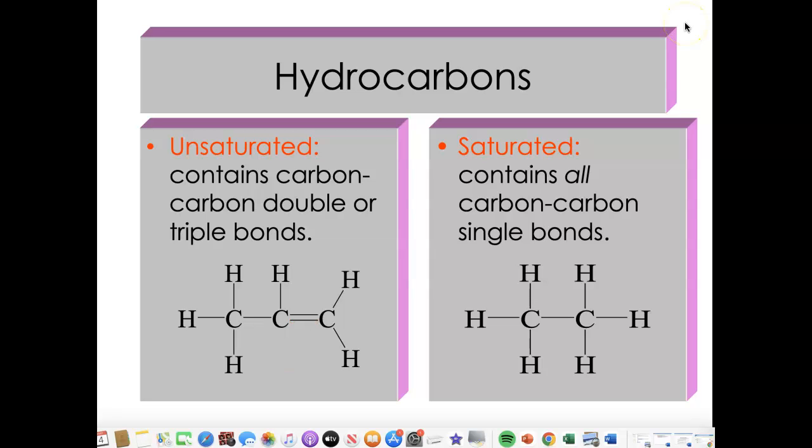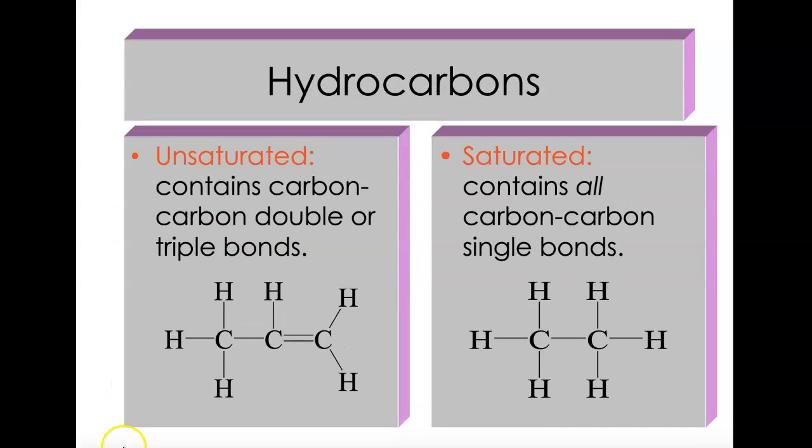And so we call that unsaturated. Those carbons are not full of hydrogens. But if you look at the molecule on the right, C2H6 is full of hydrogens. Every carbon has the maximum number of hydrogens that it can have.